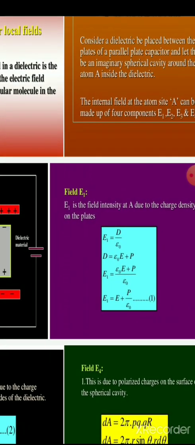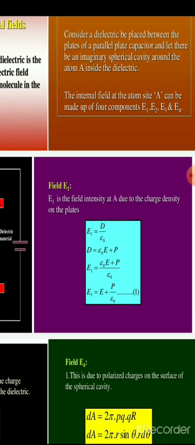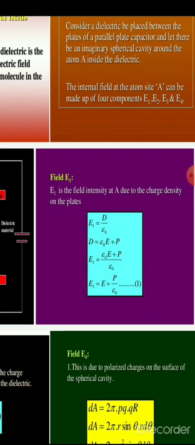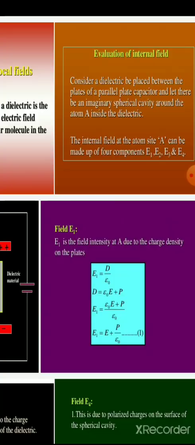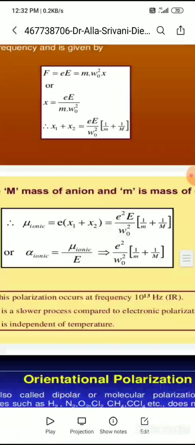E1 is the field intensity at A due to the charge density on the plates. E1 equals D by epsilon naught. D equals epsilon naught E plus P, as we got this equation before. Once, wait, I'll show that equation.